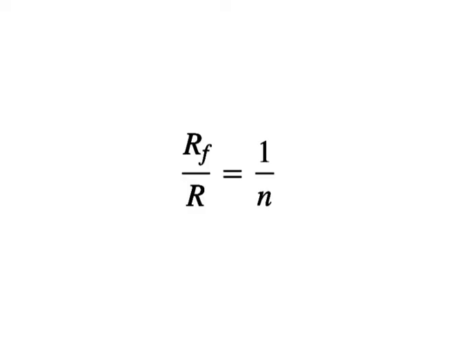Averaging amplifier. A summing amplifier can be made to produce the mathematical average of the input voltages. This is done by setting the ratio RF over R equal to the reciprocal of the number of inputs. RF over R is equal to 1 by n.